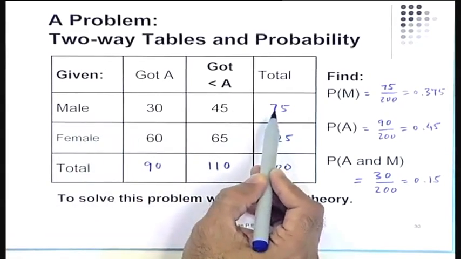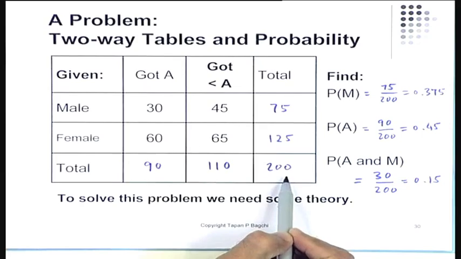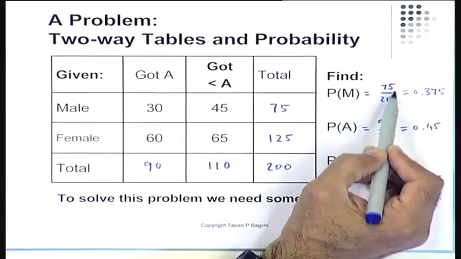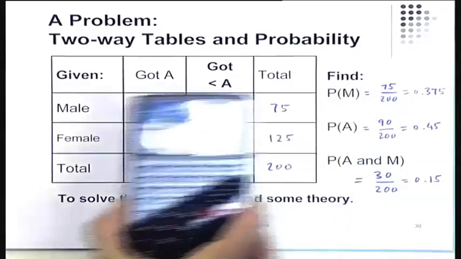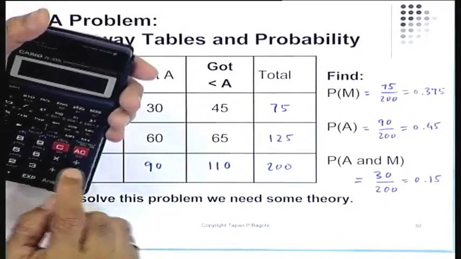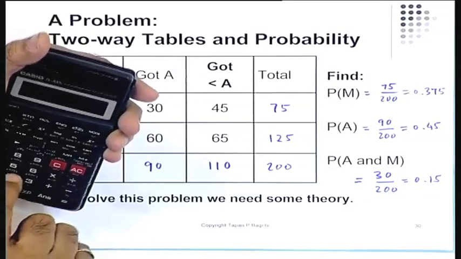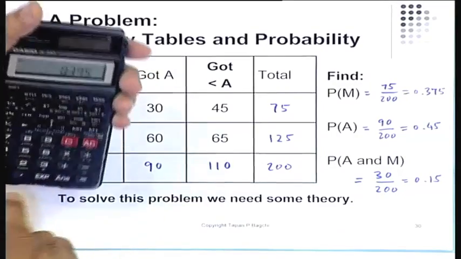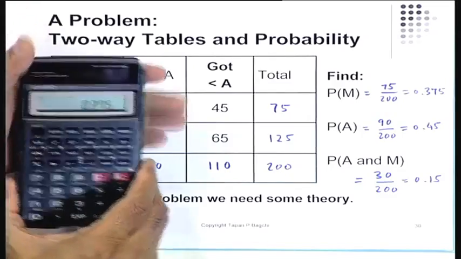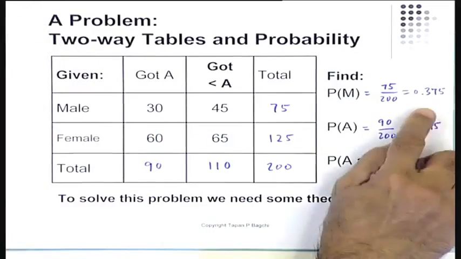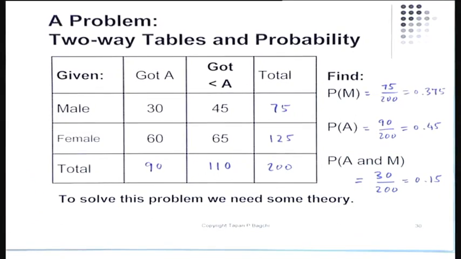I total up how many males took the test and divide by the total number of students taking the test, and that turns out to be 75 divided by 200. I quickly put down 75 divided by 200, and I end up getting 0.375. That is the number.